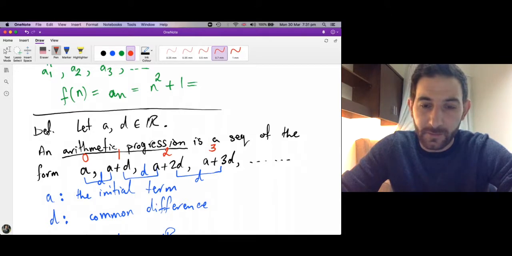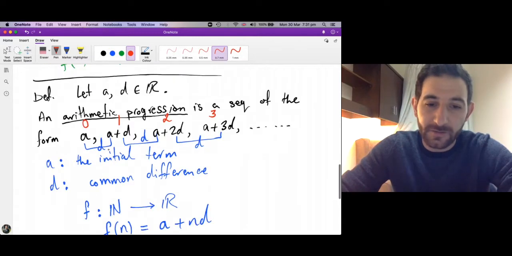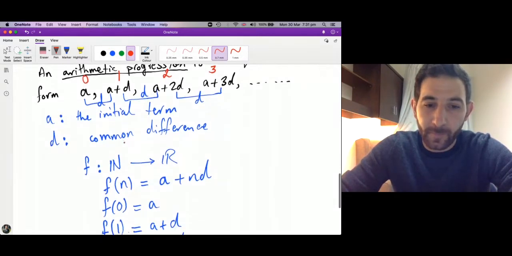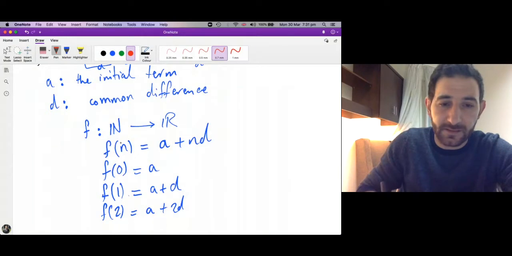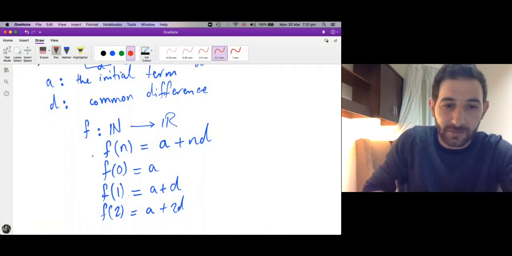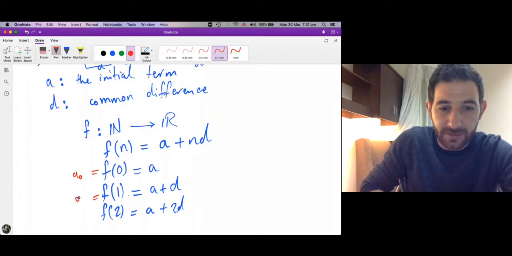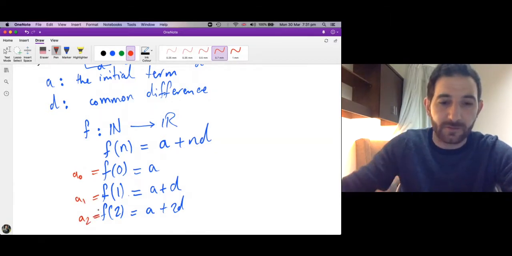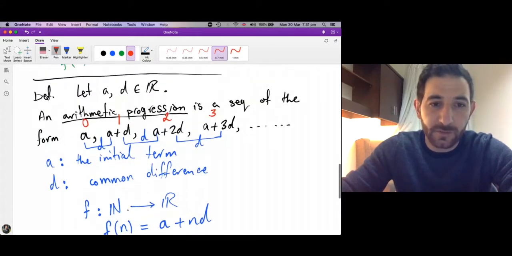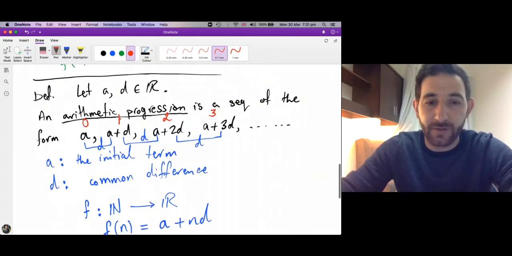It is obtained by adding 3 multiples of d to the initial term, which is a. Okay, so this is how you see this as a function. What is f of 0? It is a0, f of 1 is a1, f of 2 is a2, and so on. So this is what we call an arithmetic progression.